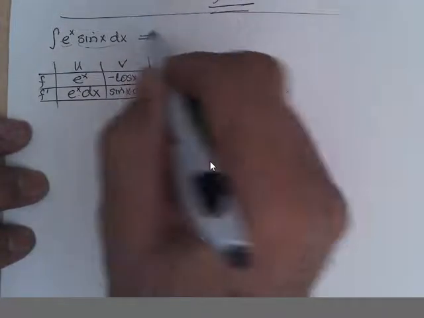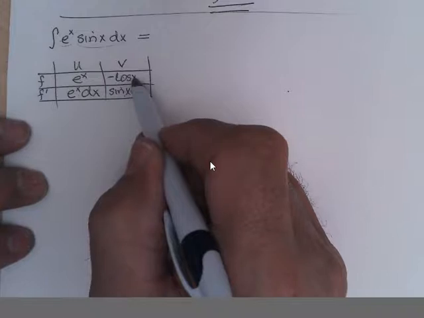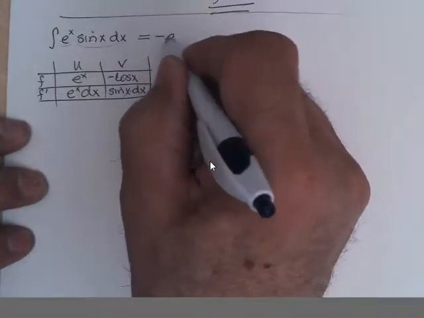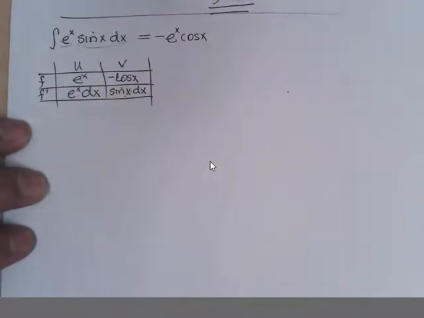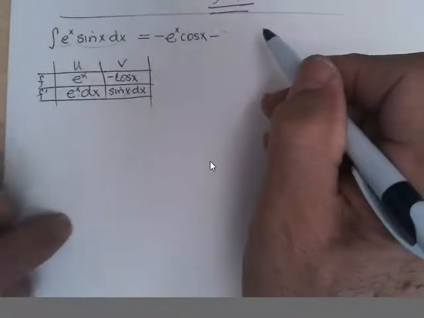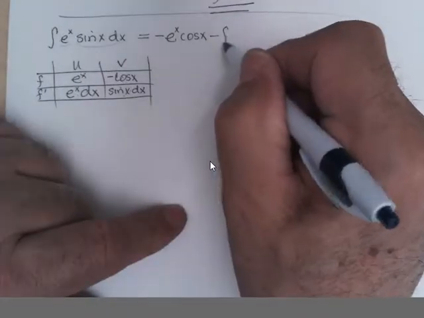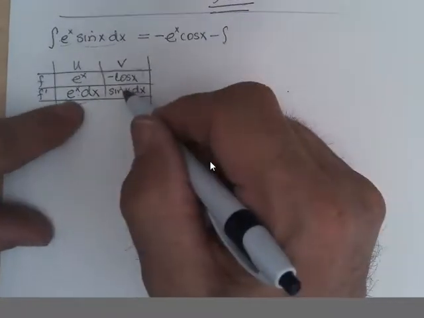So, following the formula, uv, e to the x times negative cosine x is negative e to the x cosine x, minus the antiderivative of, we set it up doing this way, so we use these as the diagonal.